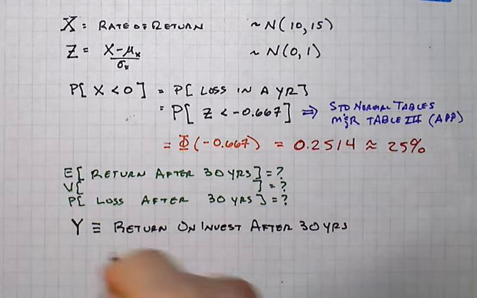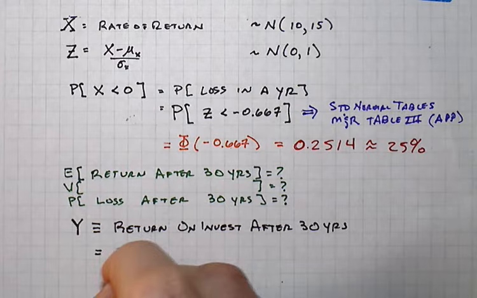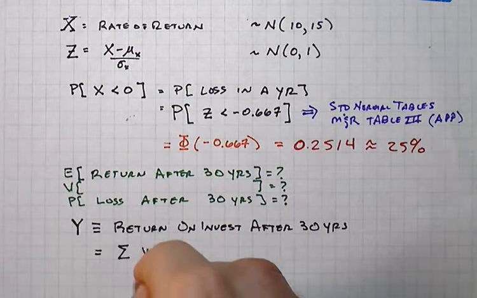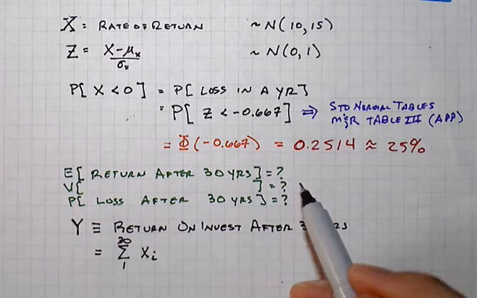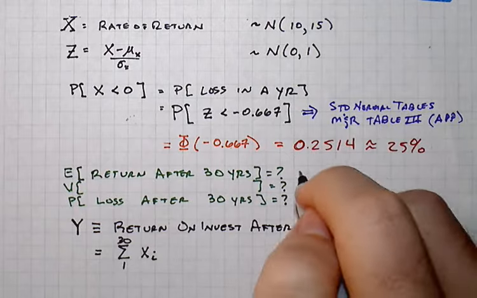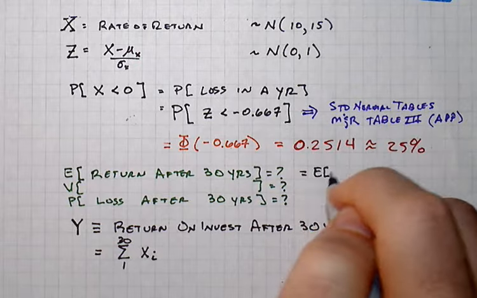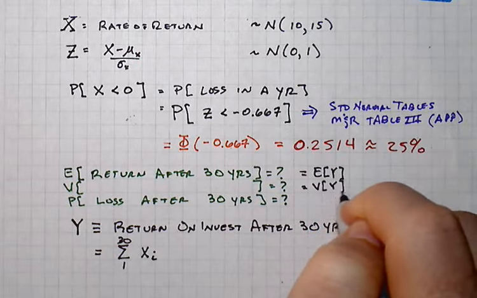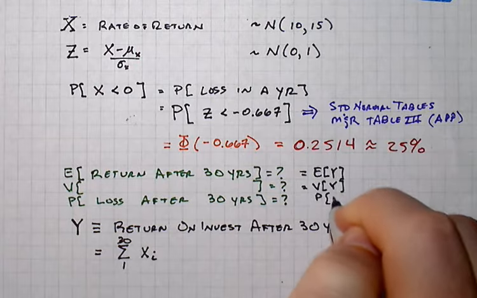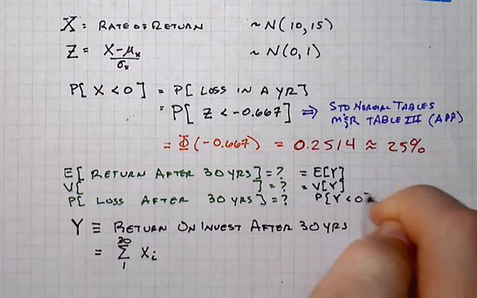And we could think about that then as nothing more than the sum of all of the returns over those 30 years. So we could start asking the question then up here, okay, this is just the expected value of y, this is the variance of y, and this is the probability that y is less than 0. All well, fine and good.